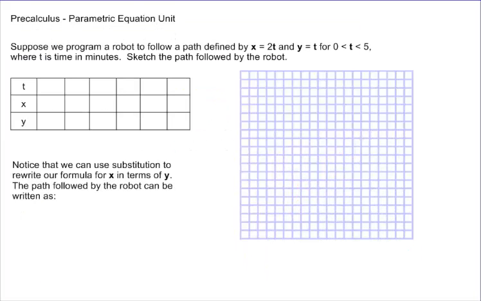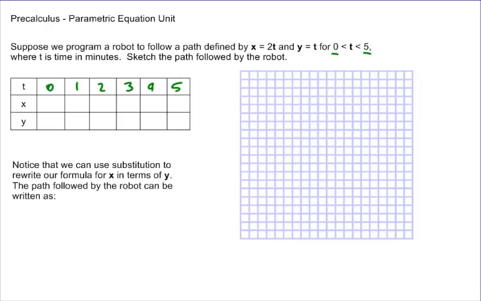Okay, so let's look at this example here where we're going to graph a path that a robot's going to follow, and we're going to go from 0 to 5. So these are the t values we're going to check: we start at 0, go to 1, then 2, 3, 4, and 5.